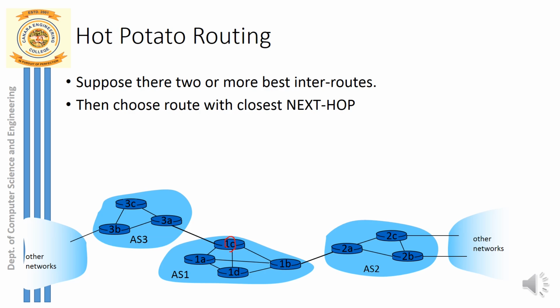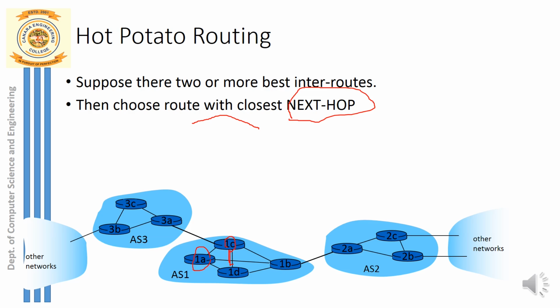In that case, hot potato routing chooses the closest next hop. So what does closest next hop mean? 1C can reach 1D directly, so this would be the closest next hop. Via 1A and then 1D would be a little farther, since it has to pass through one more router, right? So the closest next hop is this 1D.